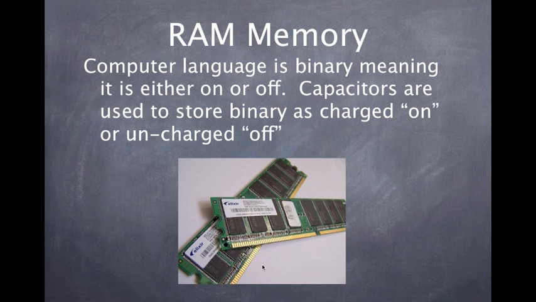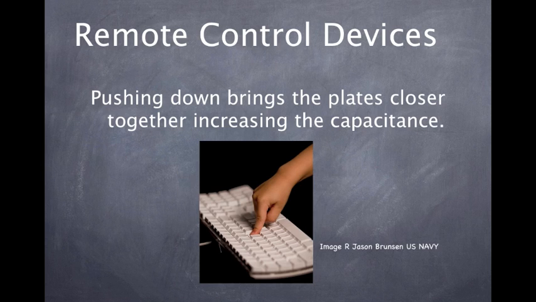But probably a more common use that you may recognize is in remote control devices. Whenever you push down on a keyboard, what happens is you are taking one of those plates and moving it closer together, which makes it easier for it to discharge. Whenever that happens, you get the key that's pushed on the computer.